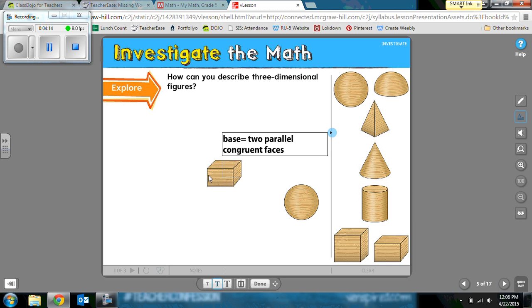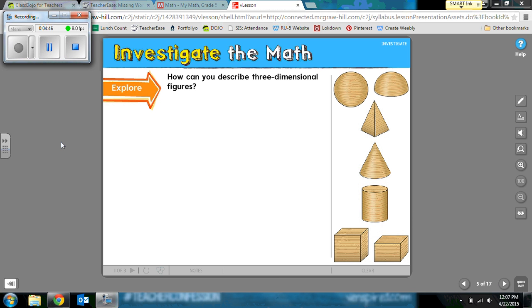That means it would be two faces that match each other. It's hard to see in a picture, but it would be the top part and the bottom part, because they're parallel. They'll never touch and they face each other. I always like to think of the base more as what the object sits on. So Miss Rutledge's definition would be what the object can sit on. If I set an object on the table, this would be something that it could sit upon.